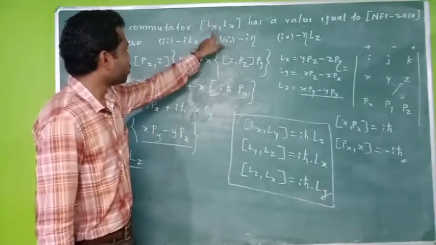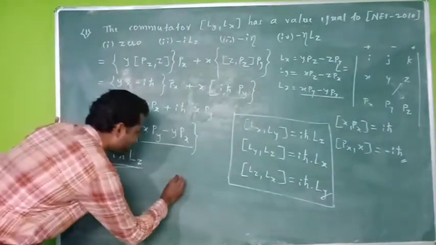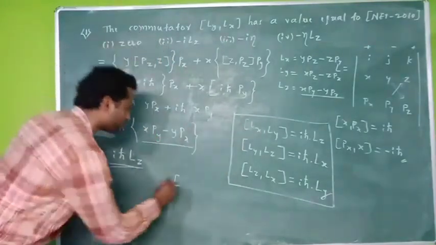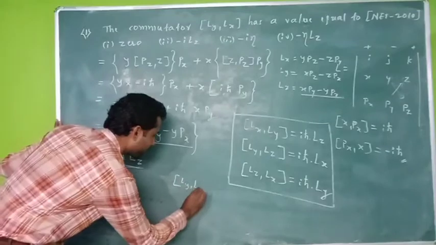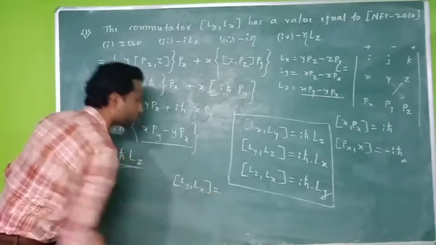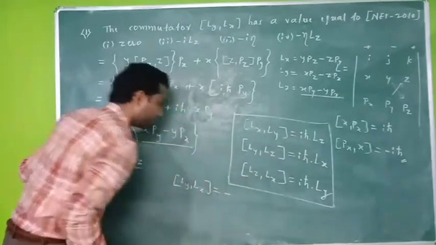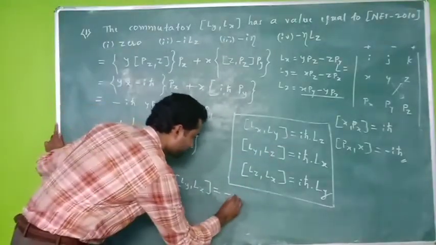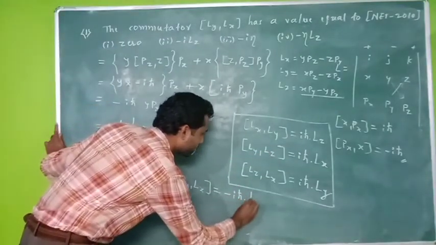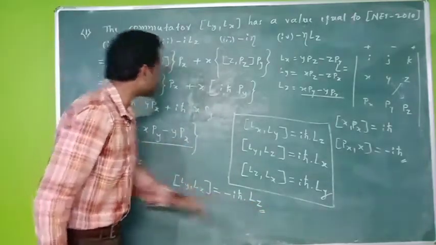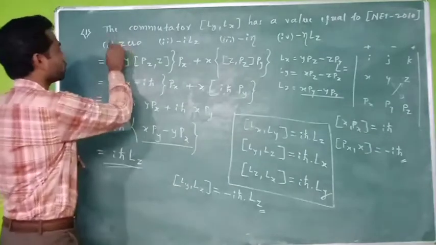So in order to obtain this one, we have to invoke the anti-symmetry property of commutators, that is ly lx is equal to, if you reverse the operator positions, then I have to multiply this one with minus 1, minus i h bar into lz. This is what I have to obtain. Match this answer with your options.